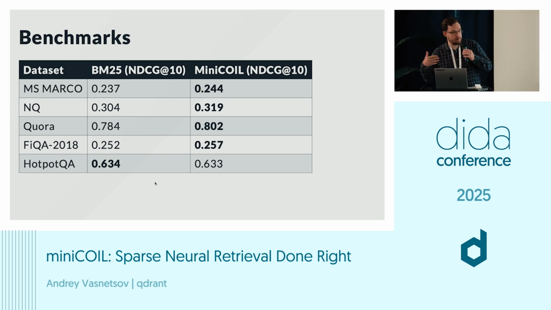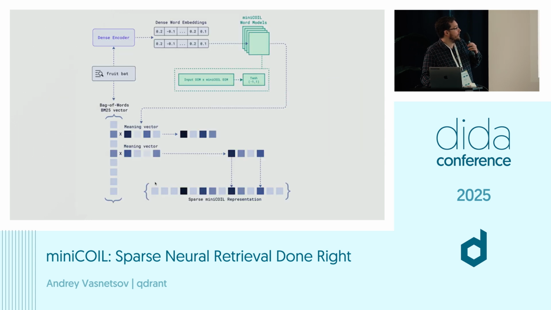We didn't compare it against the whole thing because this variety of different options is just huge. But you are right that it actually depends on which dense encoder you use. If you use a really advanced dense encoder, you will probably get less difference. If you use a smaller dense encoder, then you will get a bigger difference here.